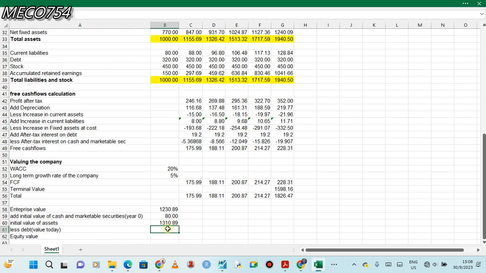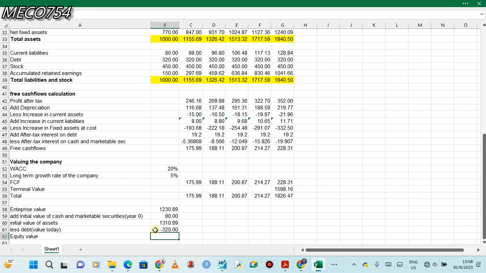Now let's remove the debt. In this case, you're using the current debt value. And fortunately for us, the current debt value did not change. It's still the same, which is 320. So it's that value. But this time we're going to need it to be negative because we're subtracting. So let's just put the negative there.